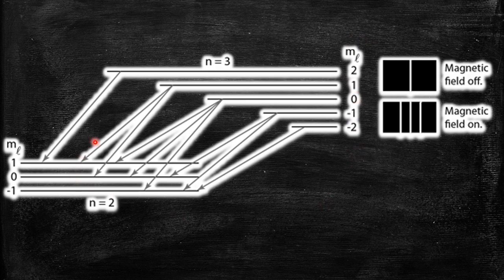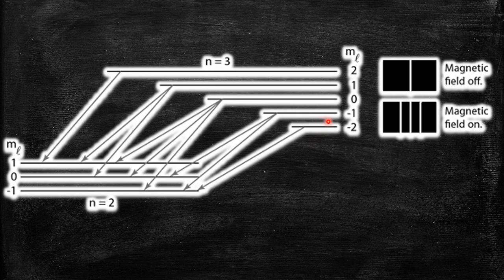When we look at the spectral lines going down from n equals 3, with magnetic quantum number 2, it moves directly down to 1.